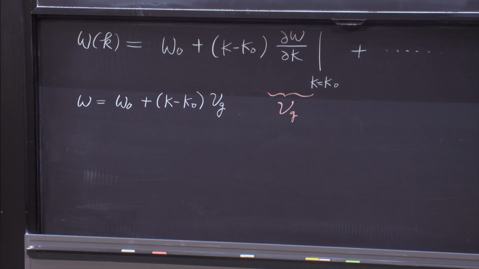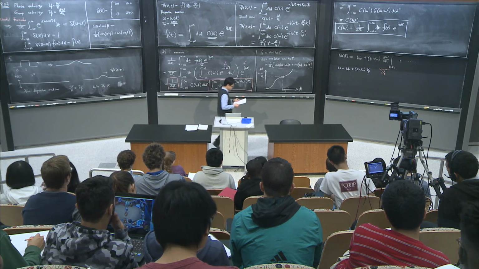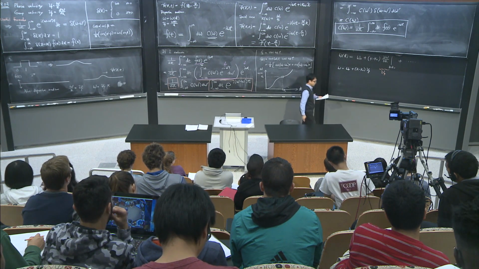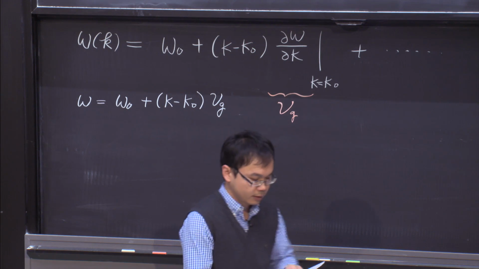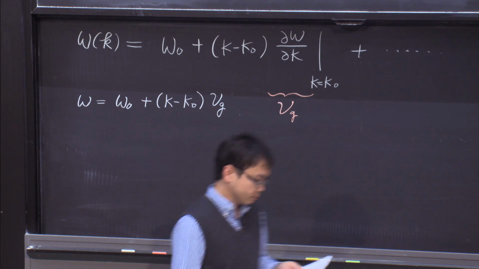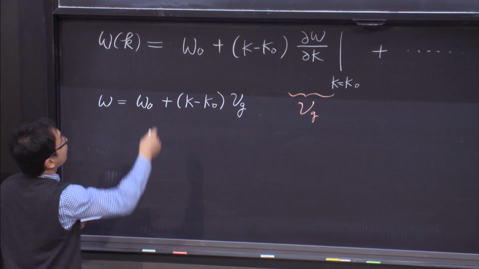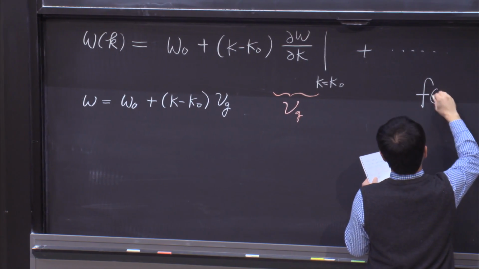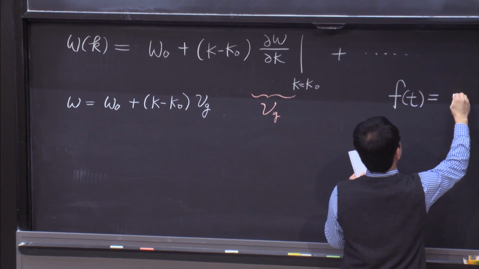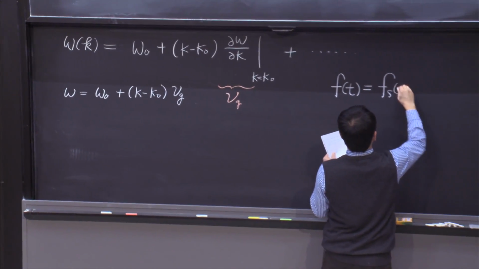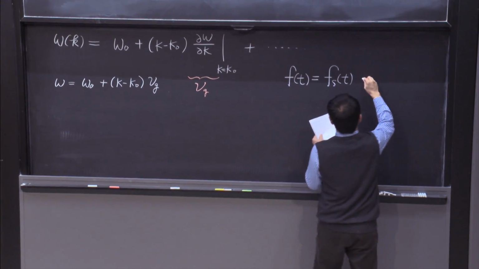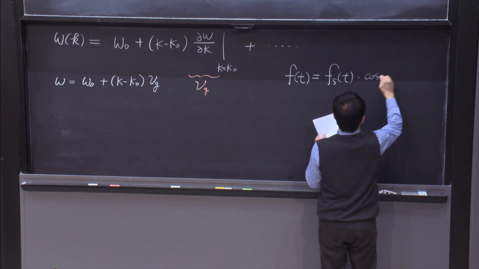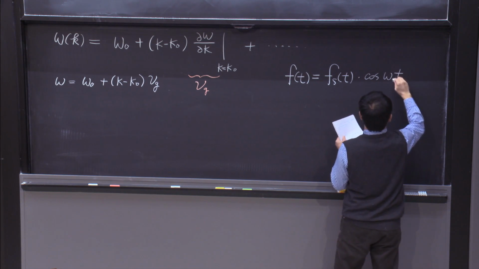So suppose this is happening, then now I can go ahead and really calculate the functional form for f of t. Okay? So suppose now I have this definition: f of t is equal to fs of t times cosine omega 0 t.